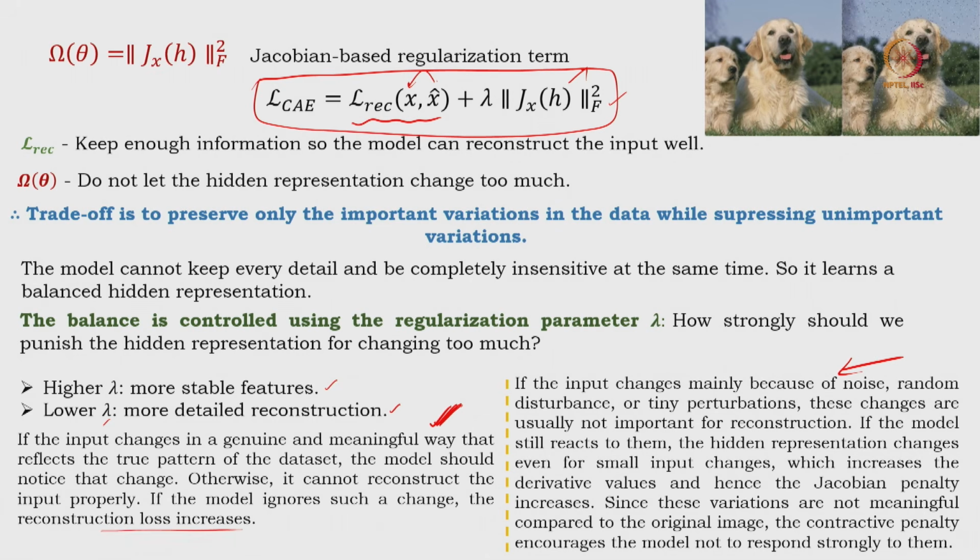At the same time, when that noise has been captured and you reconstruct, and compare the reconstructed output with the original input, which is without noise, there also you get more reconstruction loss, and the penalty is also more. With this, the model understands that it should not capture those features. So this is one of the most important regularized variants of autoencoders, the contractive autoencoder, which mainly ensures that it reconstructs the input well, but keeps the hidden representation stable.